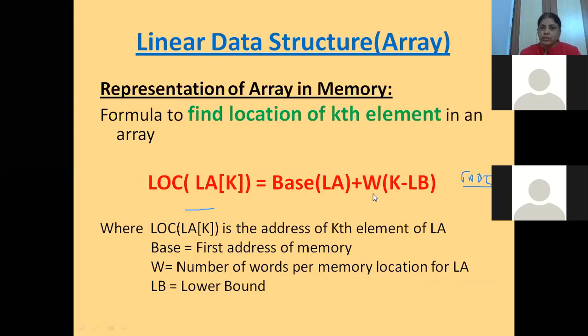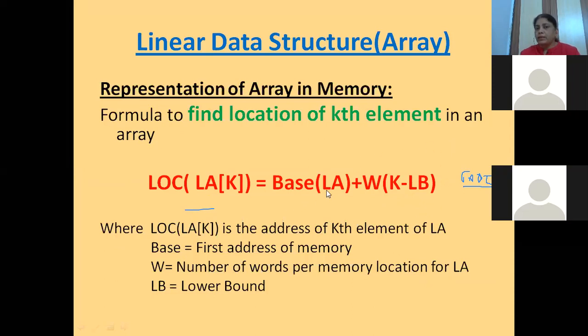So if you are using a character array, W will be 1. And if you are taking an integer array, W will be 2. And if you are taking a float array, then W will be 4. Okay. Lower bound क्या था? कहाँ से array start हो रहा था? 0 से. So now everything you know.